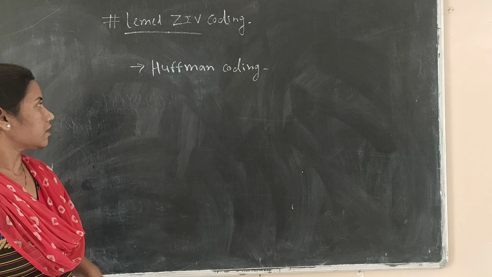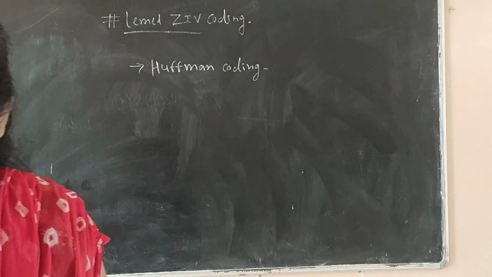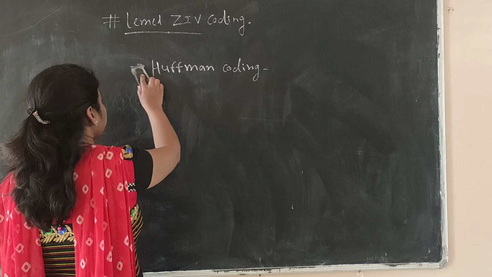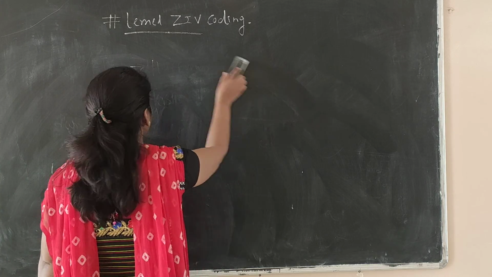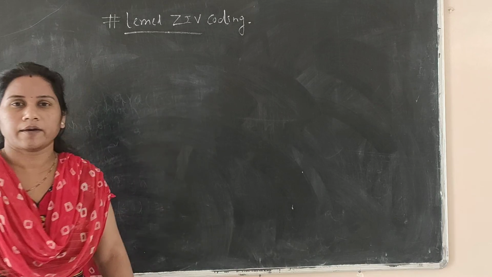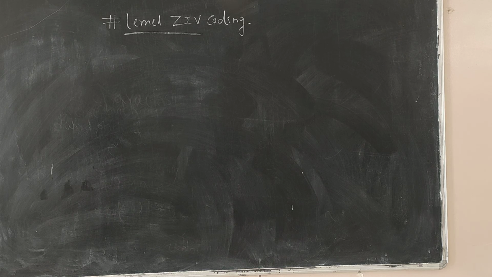By using the tree we can find out the Huffman code. Now some of the disadvantages, or limitations, of Huffman coding we can overcome by using this Lempel-Ziv coding. First we will see which are the disadvantages of Huffman coding.